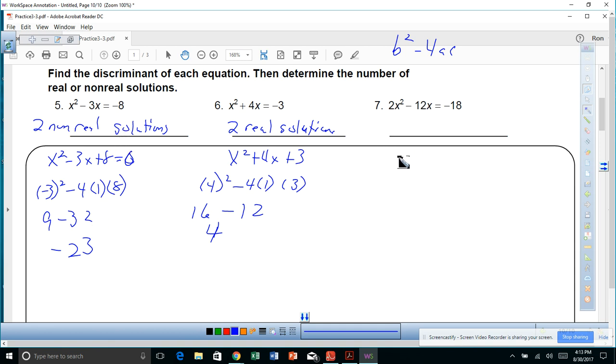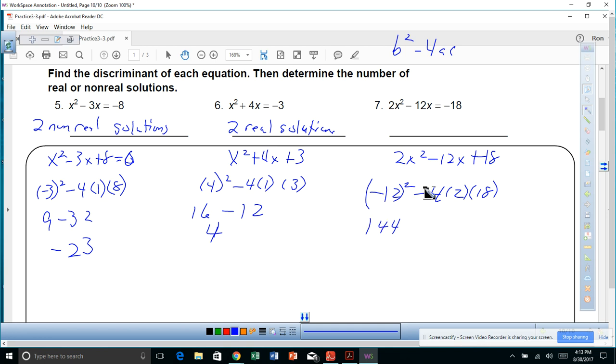And then here, let's rewrite this. 2x squared minus 12x plus 18. All right. So we got negative 12 squared minus 4 times 2 times 18. Negative 12 squared, that's going to be 144.